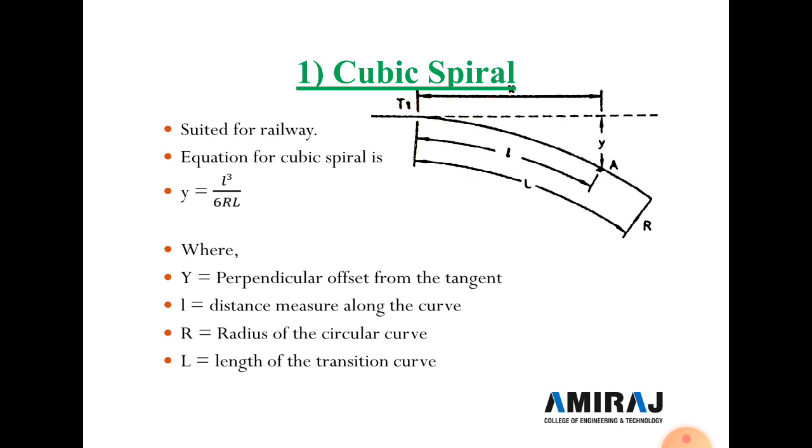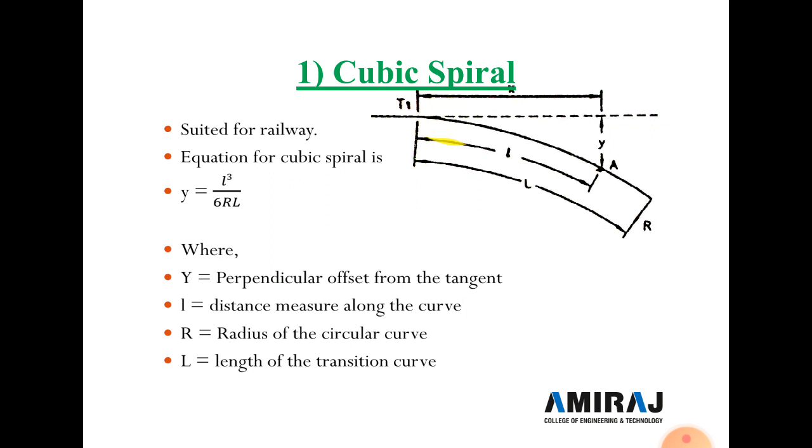So the first one is the cubic spiral transition curve. This type of transition curve is suited for the railway network. And the equation for a cubic spiral is y equal to L cube divided by 6RL. So what is y? Y is the perpendicular offset from the tangent. This dotted line shows the tangent, and l is the distance measured along the curve.